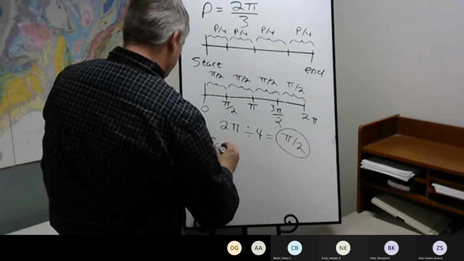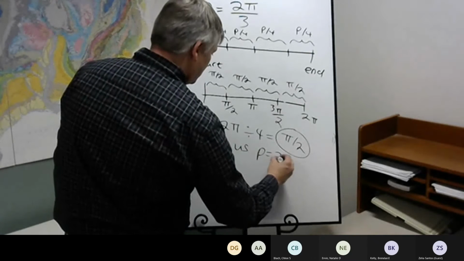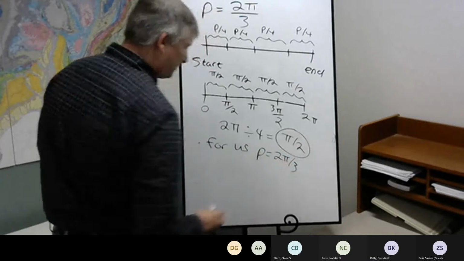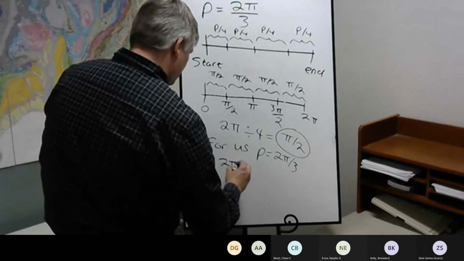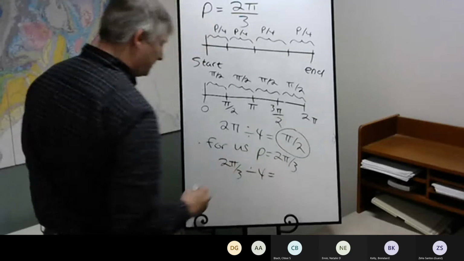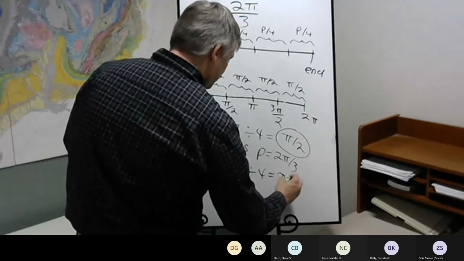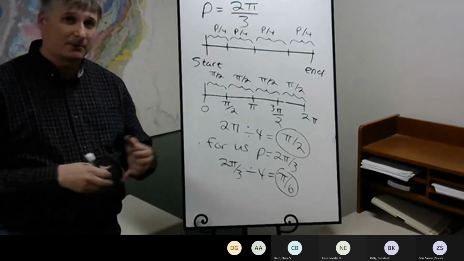So for us, P is 2 pi over 3. So we're going to take 2 pi over 3 and we're going to divide it by 4, and that comes out to pi over 6. So that's going to be our separation.